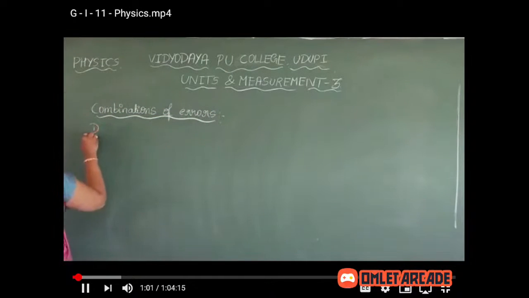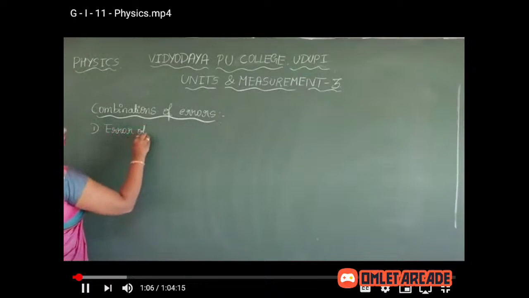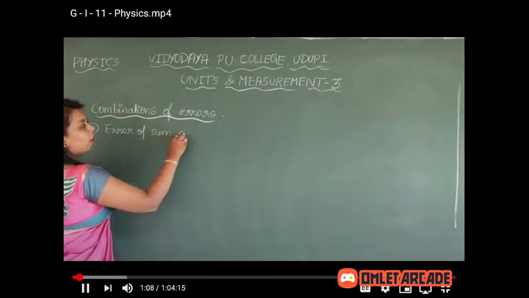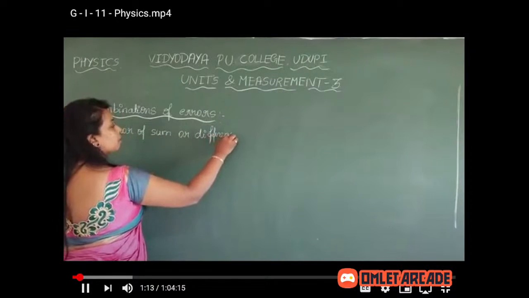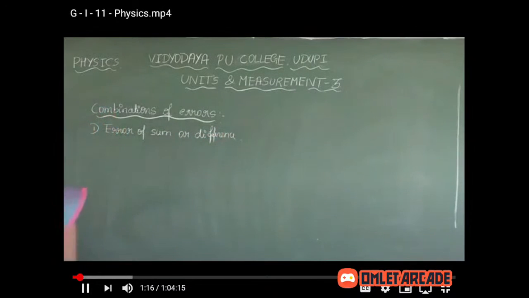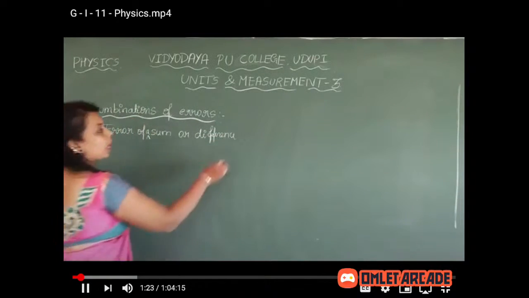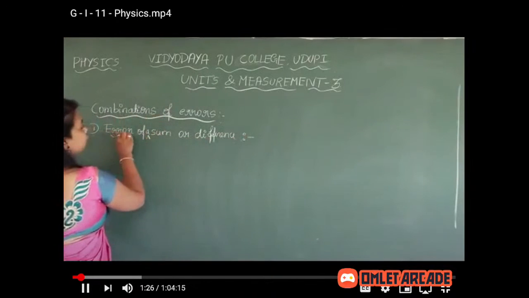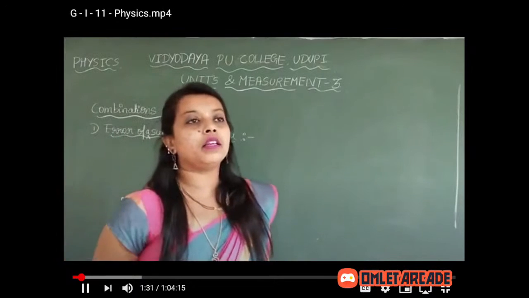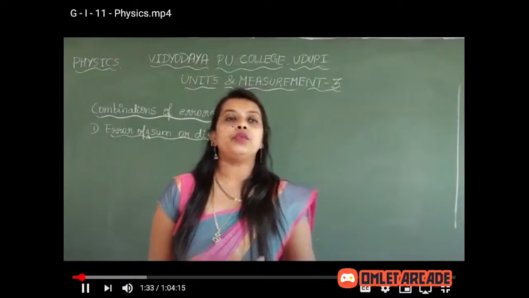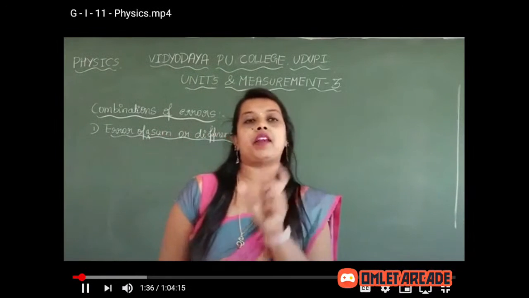Under that, the first one is error of a sum or difference. So what happens to the error when physical quantities get added, or when the formula relating the two physical quantities is a difference?